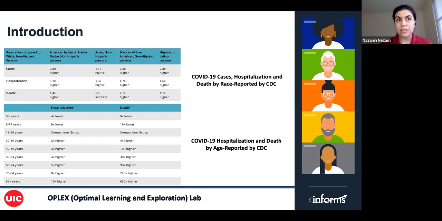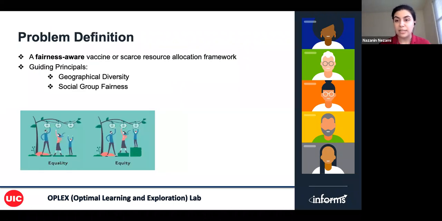So this means that we really need to consider demographic disparities and demographic attributes in different regions in order to have an effective allocation model. So we aim to design a fairness-aware vaccine or, in general, resource allocation framework.